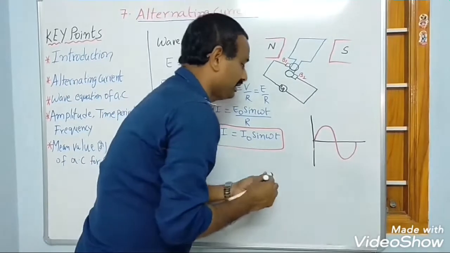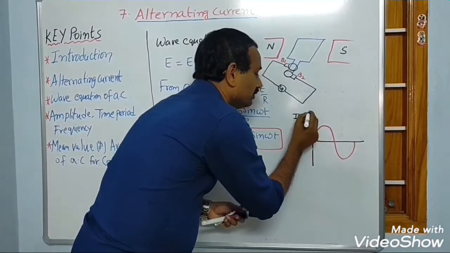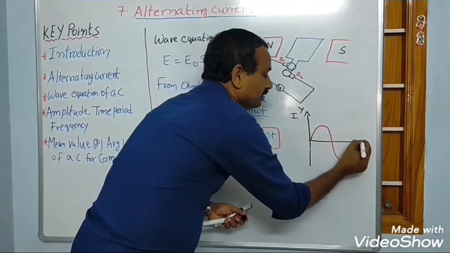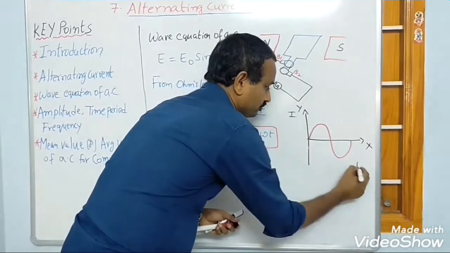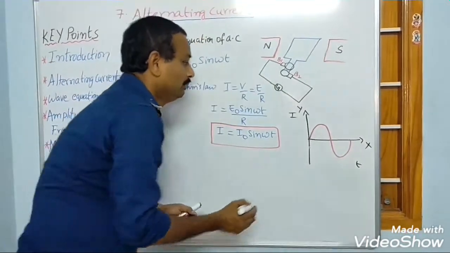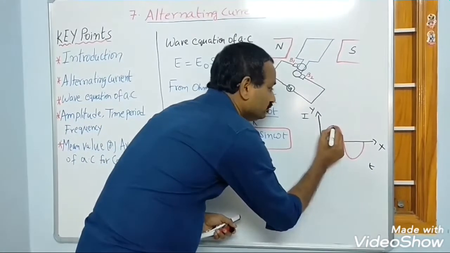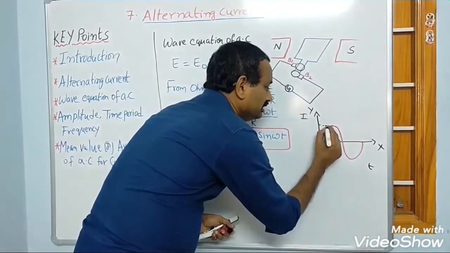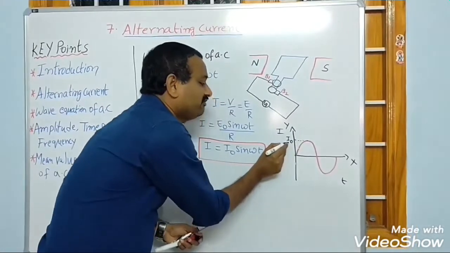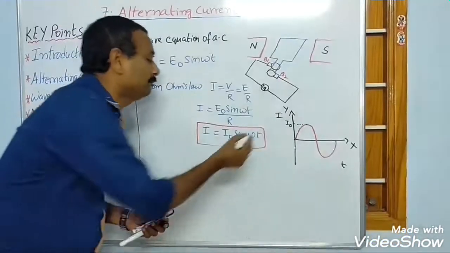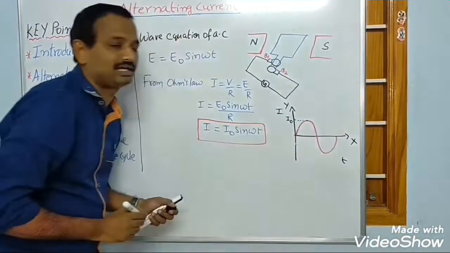Students, here I am taking I along the y-axis, time along the x-axis. Here the peak value or maximum value is called I naught, that means the peak value or maximum value of alternating current.